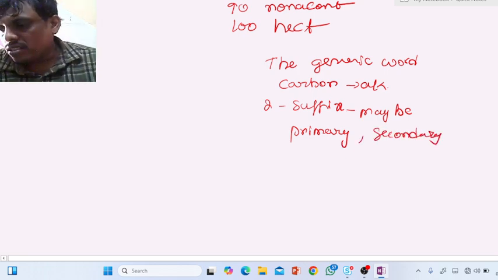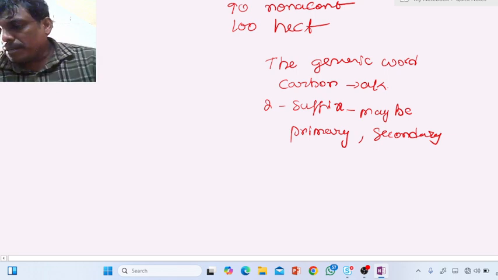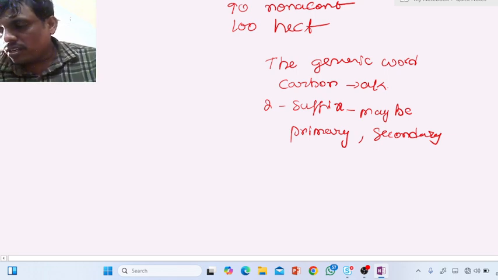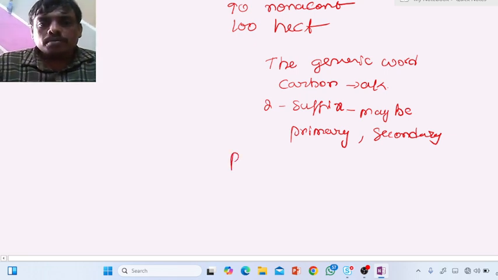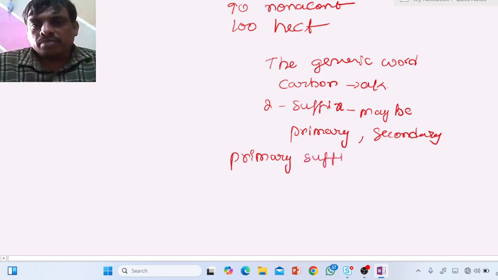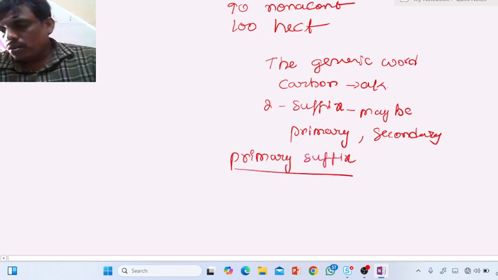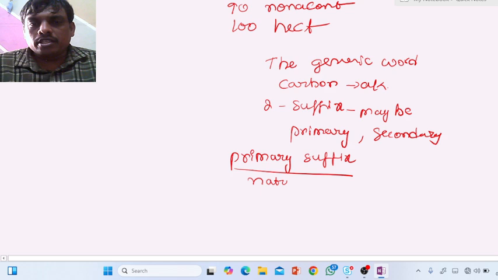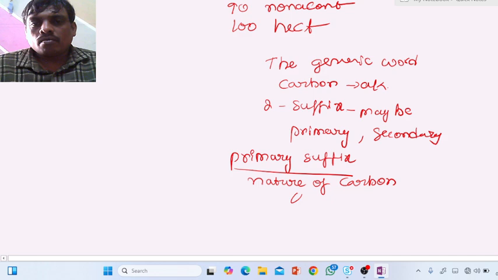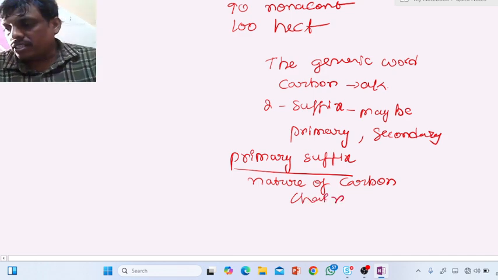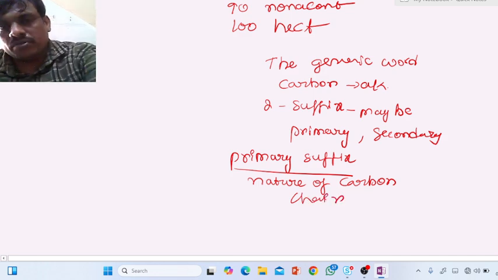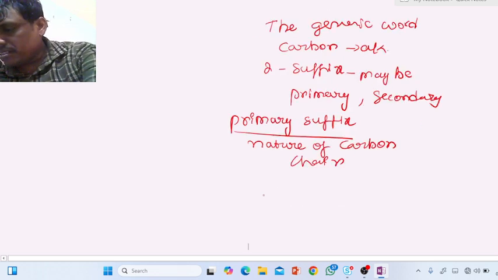Primary suffix indicates the nature of the carbon chain, whether it is saturated or unsaturated. So let us take some examples for this primary suffix.